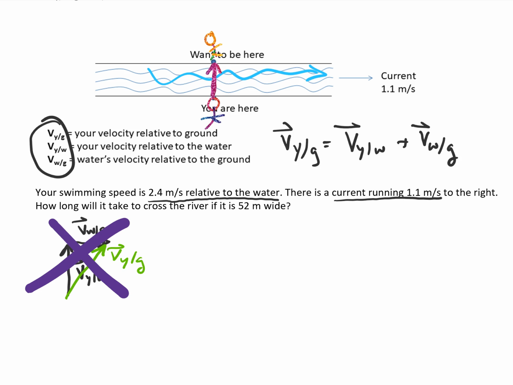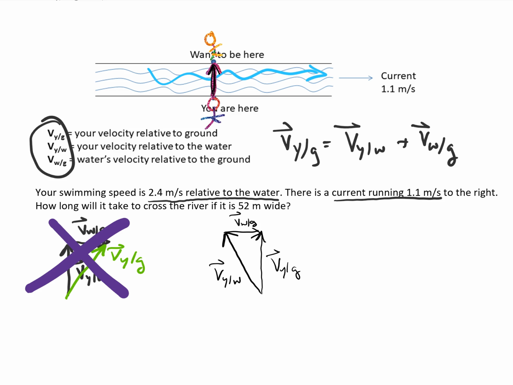So instead, we have to try to swim a little bit against the current, right? So we have to aim sort of off at some angle. So our velocity relative to the water has to be off at some angle so that when we take into account the velocity of the current, or the velocity of the water relative to the ground, the total velocity of us relative to the ground is going to be right across the river where we want it, right there.